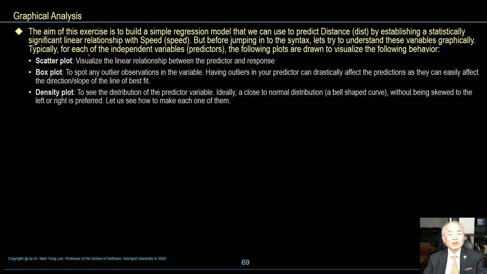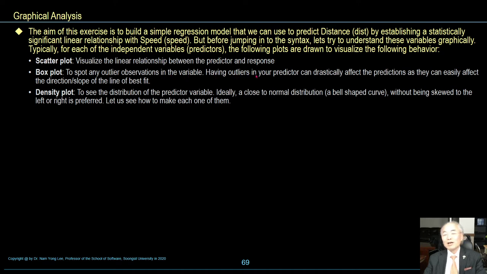Typically, for each of the independent variables called predictors, the following plots are drawn to visualize the following behavior. Scatter plot to visualize the linear relationship between predictor independent variable and response dependent variable. Box plot is to spot any outlier observations in a variable.